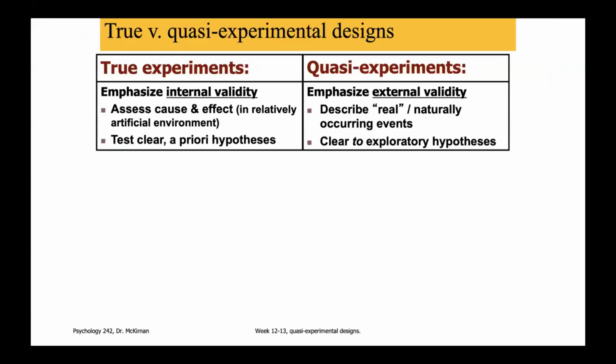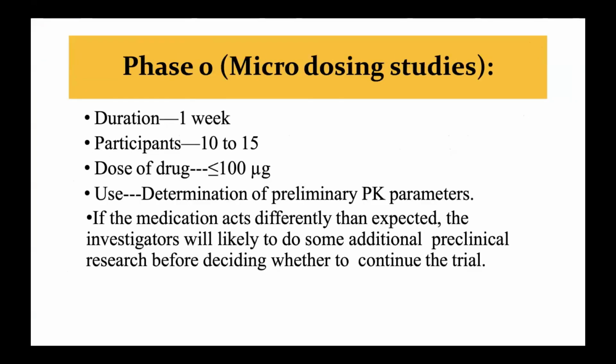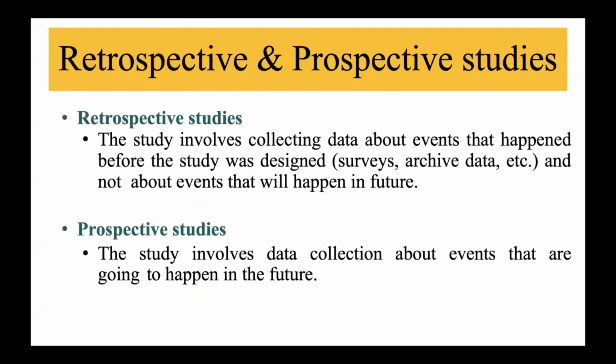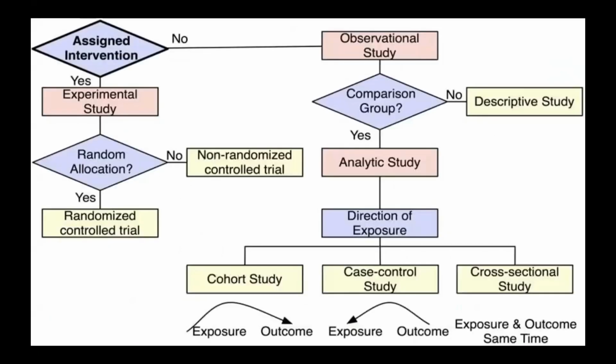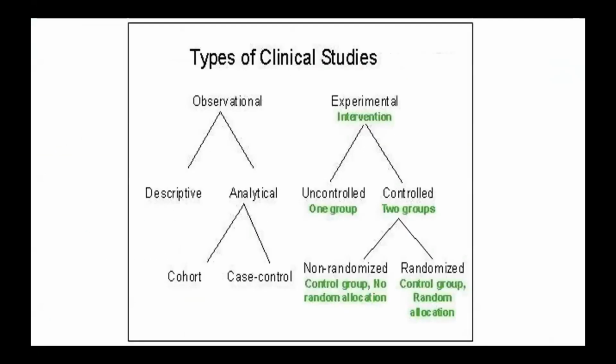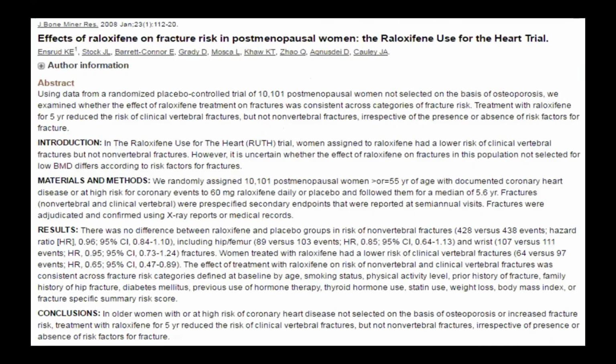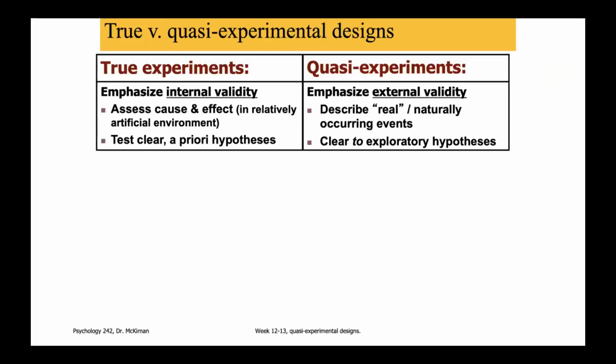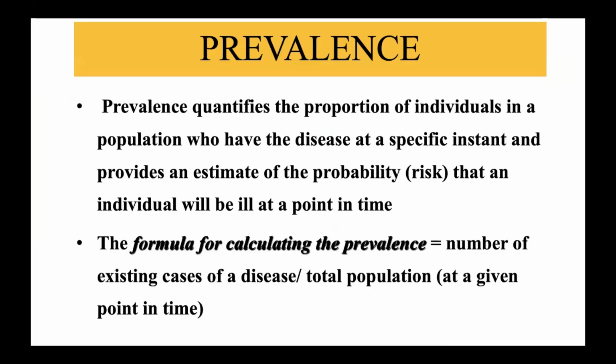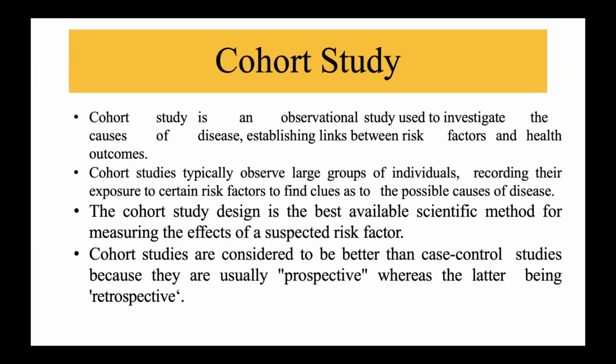If you go back, this is the cohort: there is exposure and you want to see the outcome. In case control, there is outcome and you want to see the exposure. These are two important things to understand between these. So this is the cohort study.